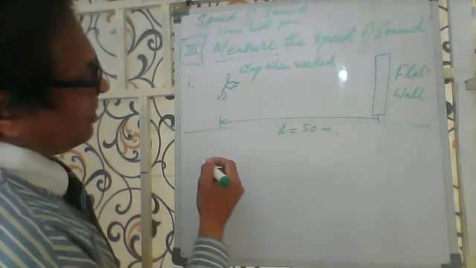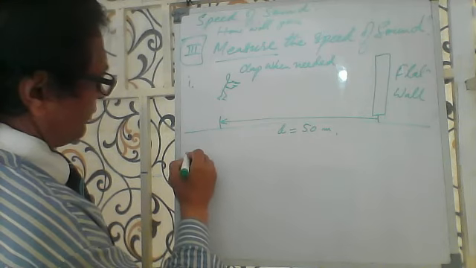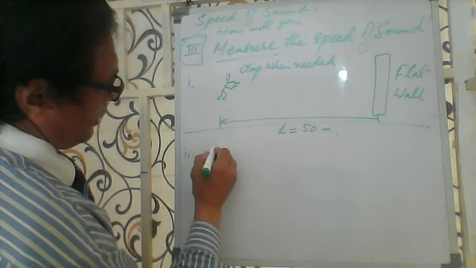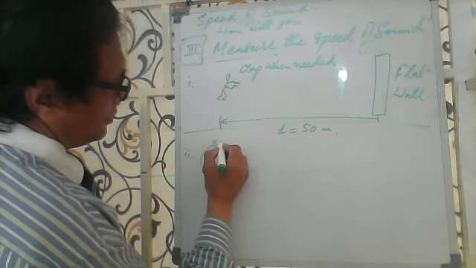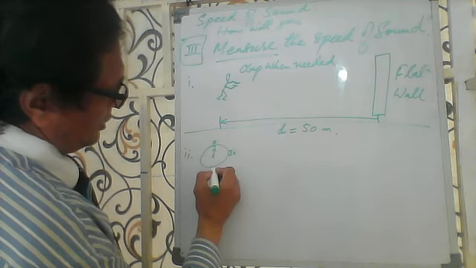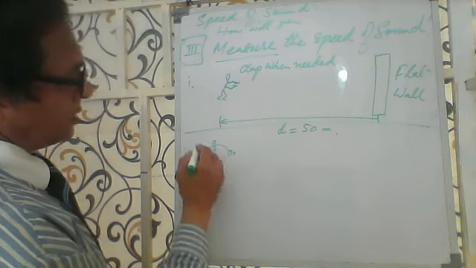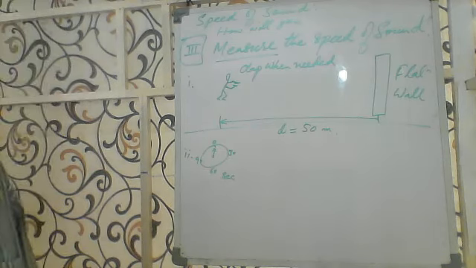And next, we have a stopwatch. Here we have a stopwatch, 0, 1, 2, 3, okay, 90, 100 in seconds or in minutes or whatever.